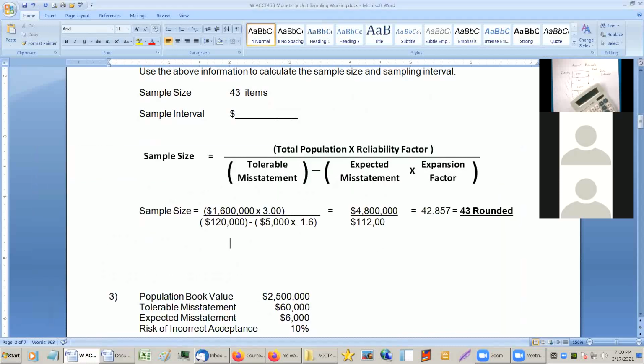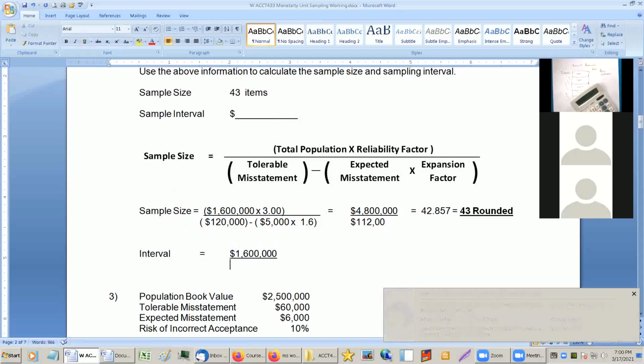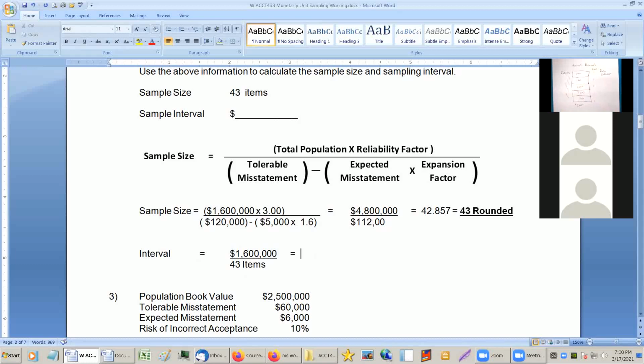So we're going to take 43 items, so we're going to take 1.6 million divided by 43 items equals some number, $37,209.